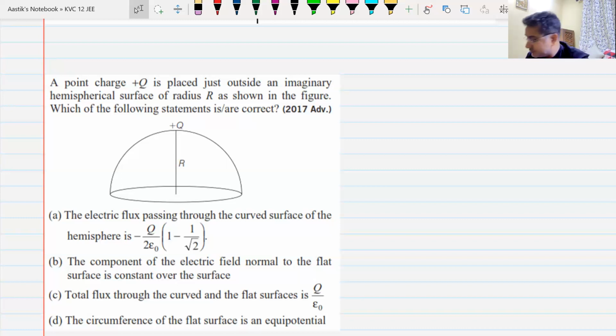D is out of course. We can only work on A, B, and C. And what is the answer for anyone? No one knows the answer.